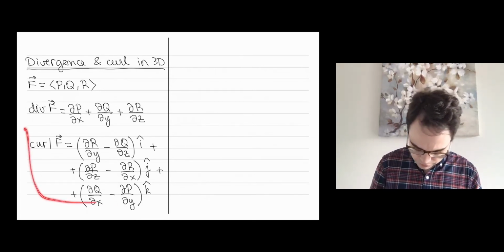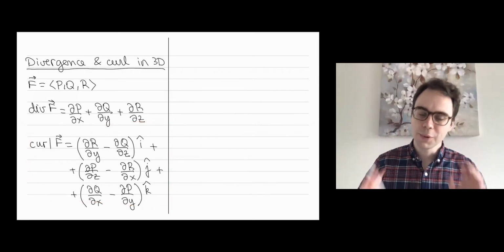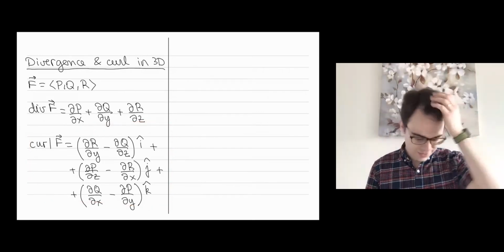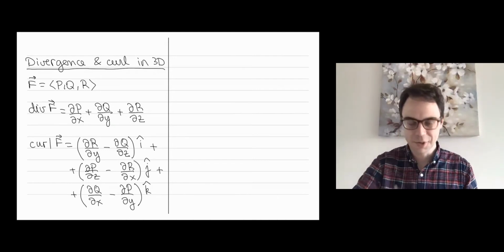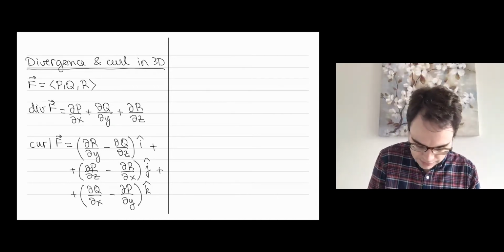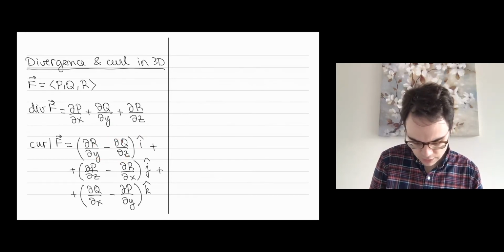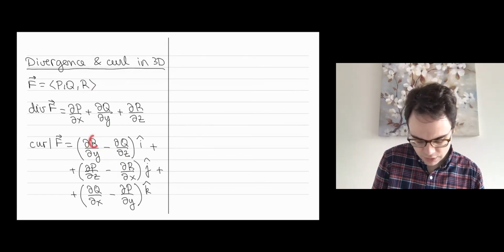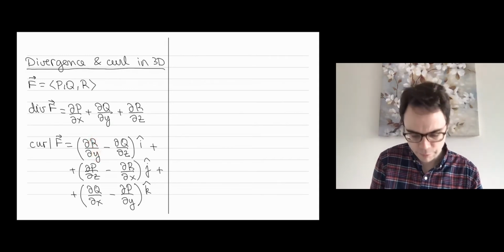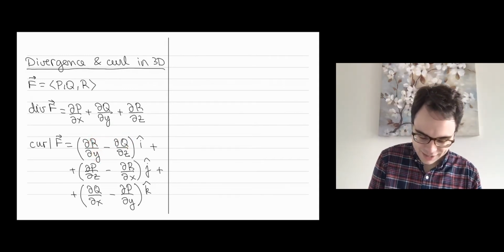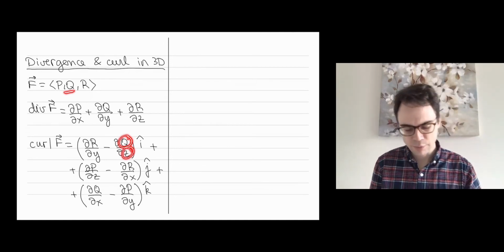Okay, so this formula is nearly impossible to remember. Now you're going to challenge me and tell me that it's actually possible to remember this. There are patterns in here. For example, in the i component, the first component of the answer, we just involve the second and third variables, and they're mixed. The third component r of the vector field is differentiated with respect to the second variable, and the second component of the vector field is differentiated with respect to the third variable.